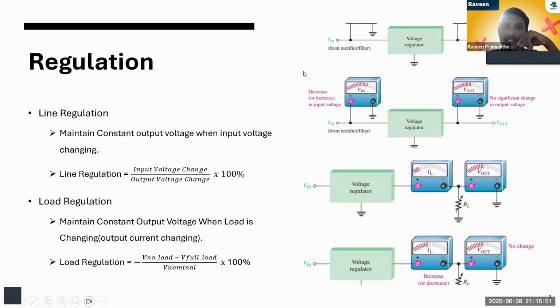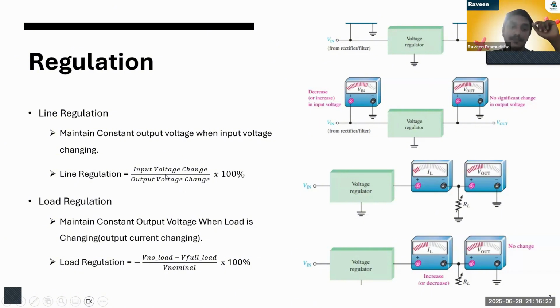Like in this figure, you can see we can get a constant output using this voltage regulator. In this configuration, if we change the input voltage, we should get the same output voltage as before. That is what we call line regulation.